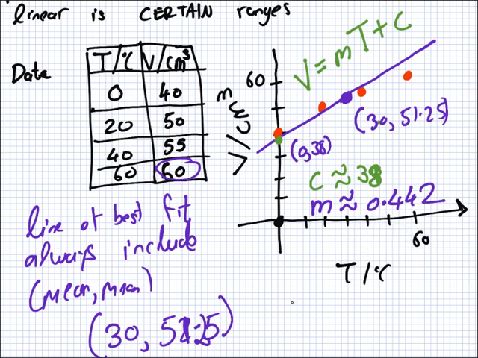So what can we say our formula is for volume? We think volume is equal to 0.442 times the temperature plus 38. Now we'll continue in a moment. I'll let you write that much down.